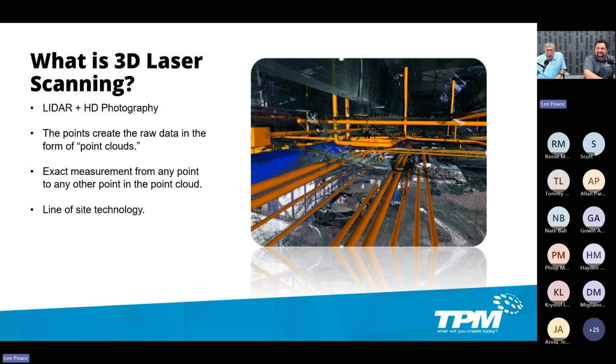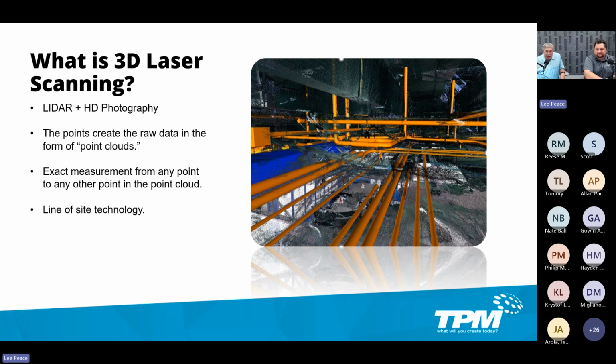Those dots are colorized by the photography it takes as it's scanning, so the point cloud, even though it's not photorealistic, seems somewhat realistic and gives you an idea of textures and colors. The beauty of 3D laser scanning technology is you never miss a measurement, so it captures everything.